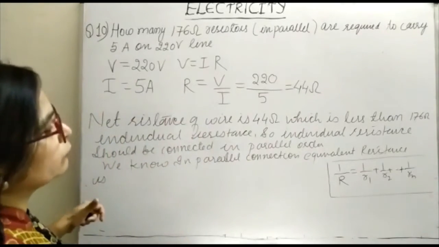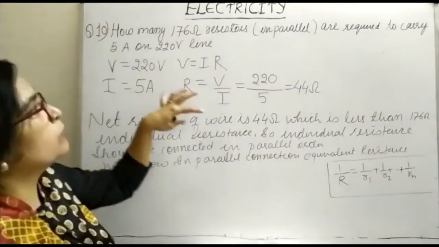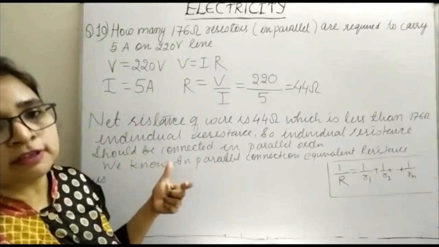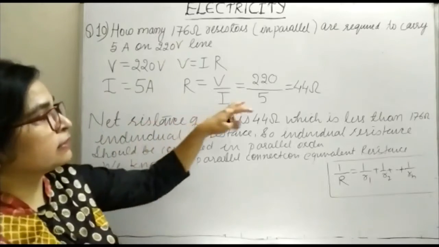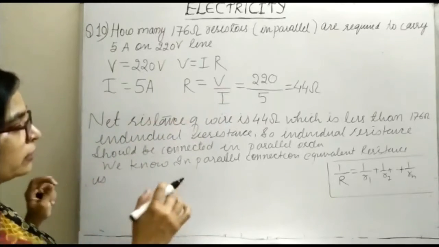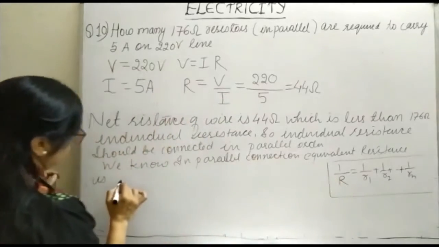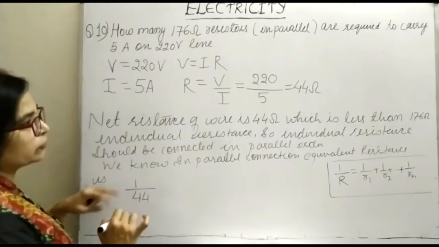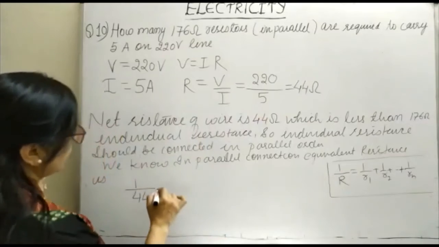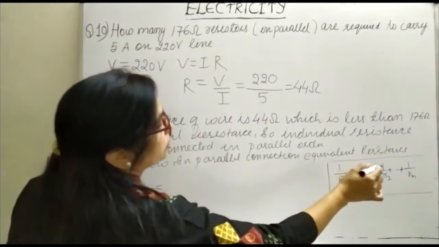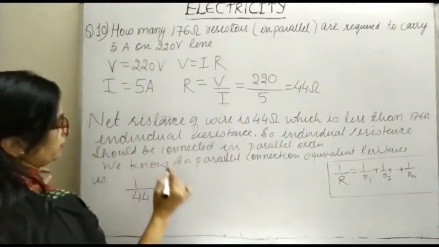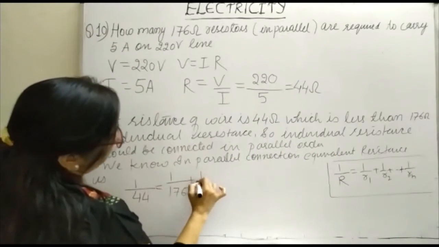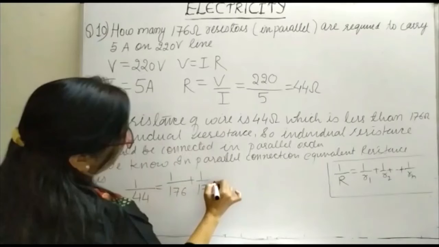Okay, here also, since it is asked how many, let there be n resistors of 176 ohm to give the equivalent resistance of 44 ohm. So here this capital R gives 1 upon 44, which we have already calculated, and R1, R2 are 176, so it is 1 upon 176 plus 1 upon 176.